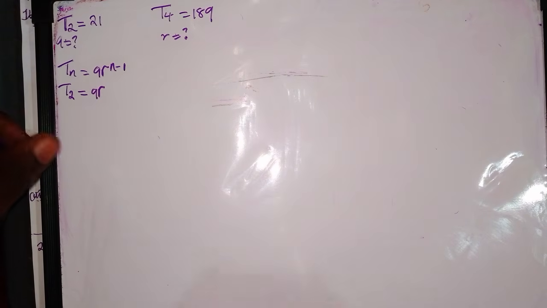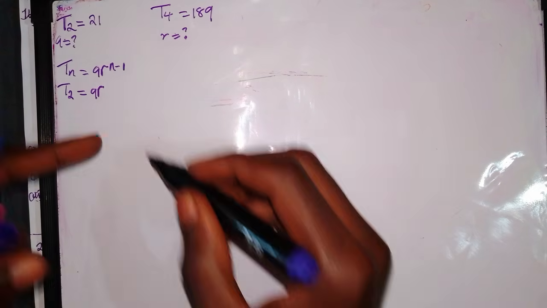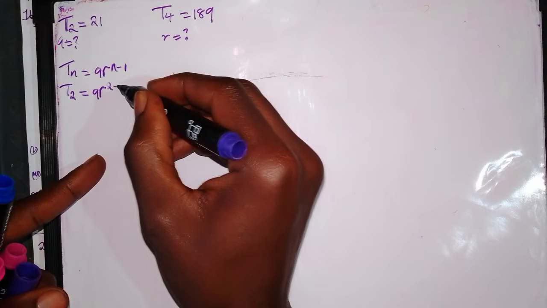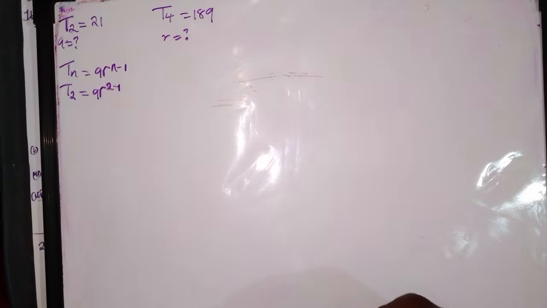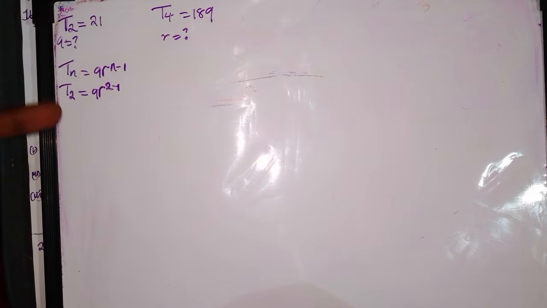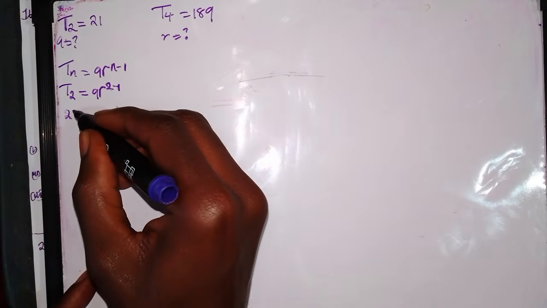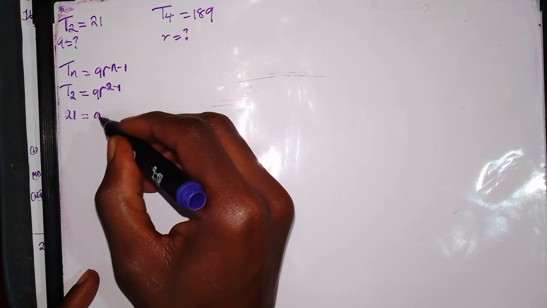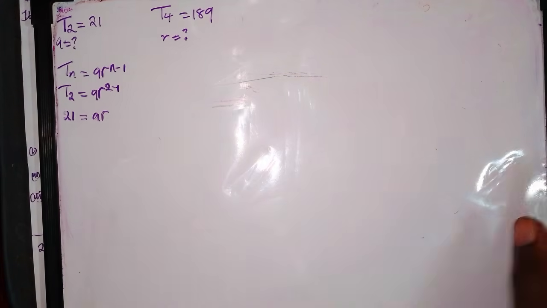But this term is the second term, so our N will be 2 minus 1. What is 2 minus 1? It's 1. We have been given our second term, which is 21. So you say 21 is equal to A R. So this is our first equation.